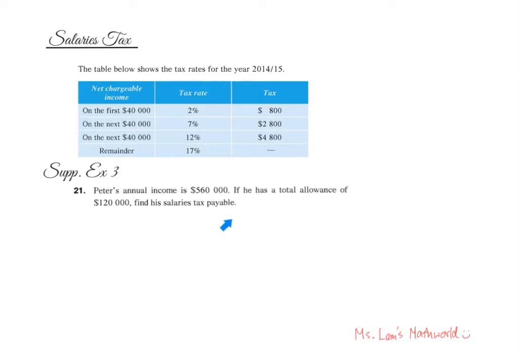Remember, step 1 is we have a net chargeable income we have to find. Chargeable income means you use annual income, that means for 1 year, minus total allowance. Then we will use the remaining thing, which is called the net chargeable income, to calculate the salaries tax payable.